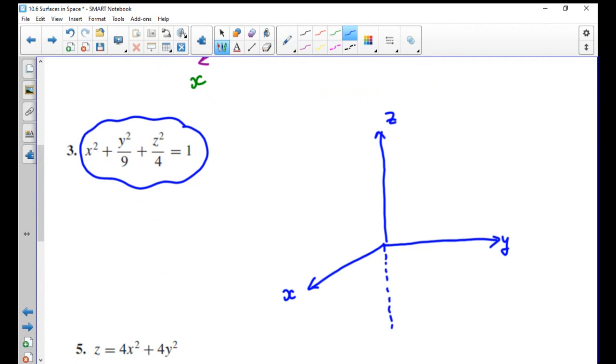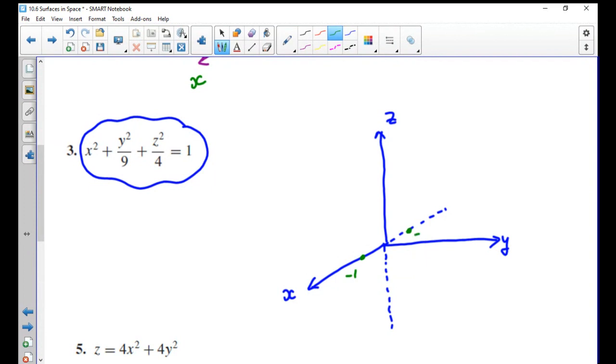So where will this surface cut the x-axis?